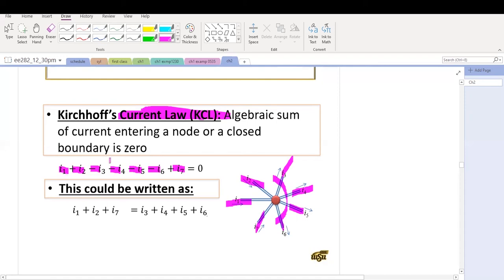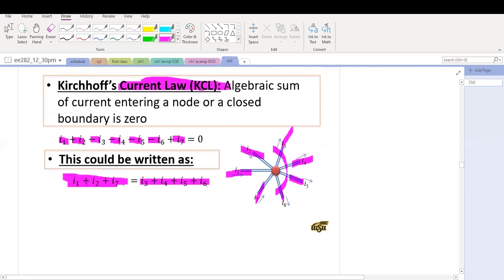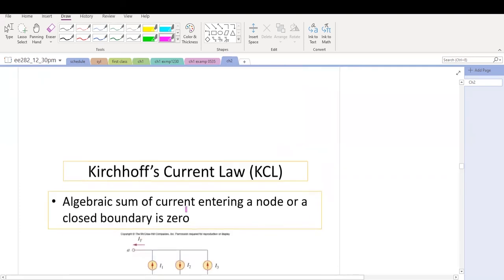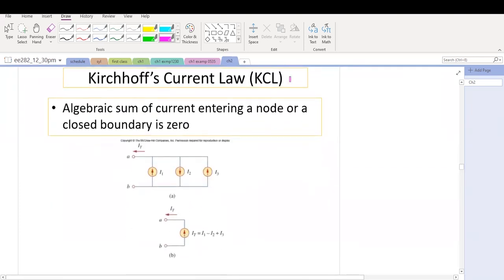If we do a little reorganization here, moving I3, I4, I5, I6 to this side, we have this. So basically the current flowing into a node equals the current flowing out of the node. Okay, so this is KCL.